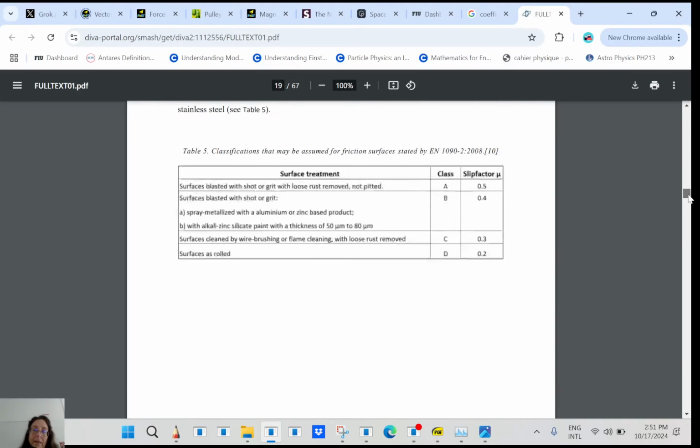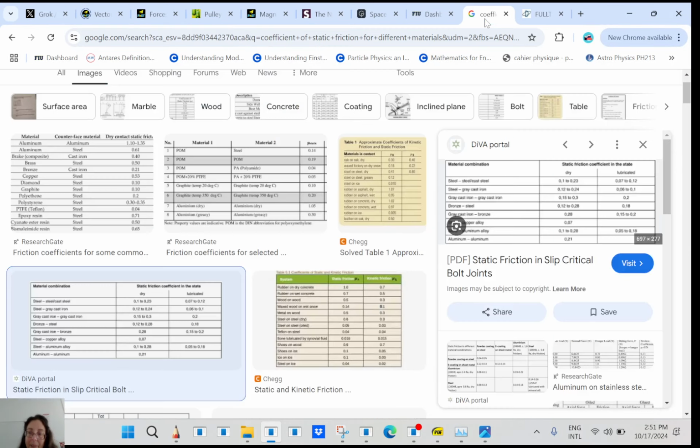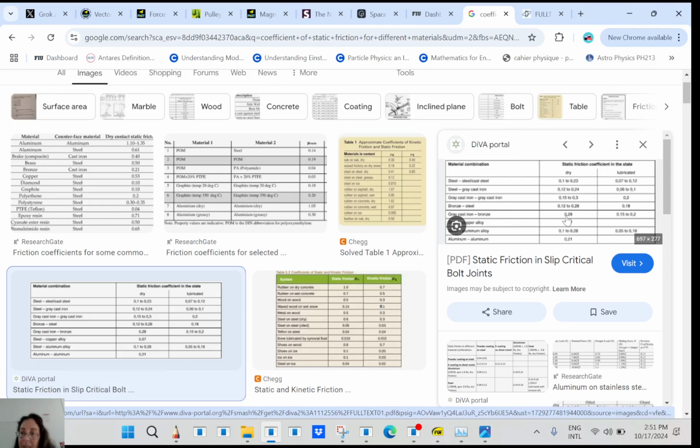I see here 0.3 about. That could be static friction. 0.3 could be polystyrene. No, but that's static. So anyway, you can look it up.